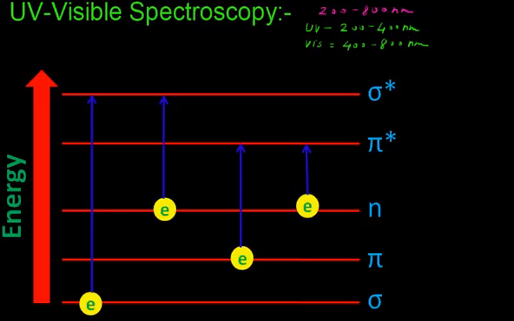When such UV visible radiations are exposed to a molecule, the electrons present in bonding molecular orbitals as well as non-bonding molecular orbitals get promoted to the anti-bonding molecular orbitals, such as sigma star as well as pi star.